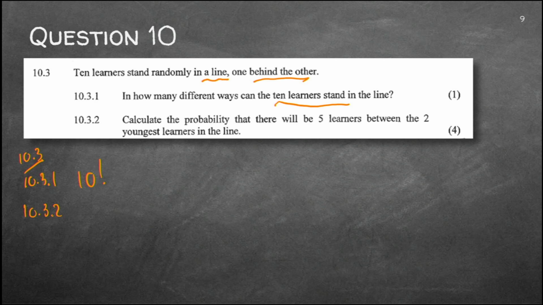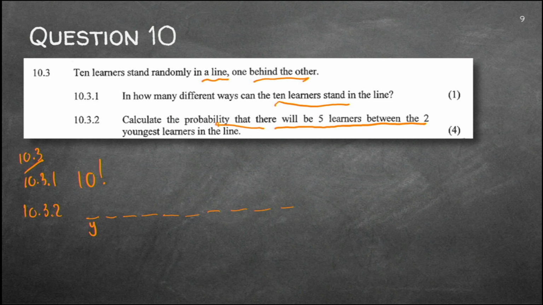Now we look at 10.3.2. Calculate the probability that there will be 5 learners between the 2 youngest learners in the line. So the best way here is to actually draw it out. So if I've got this 1, 2, 3, 4, 5, 6, 7, 8, 9, 10 for the 10 learners, and I know there must be 5 learners between the 2 youngest ones.